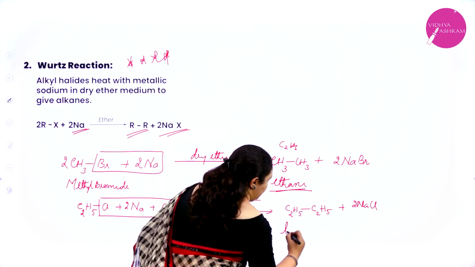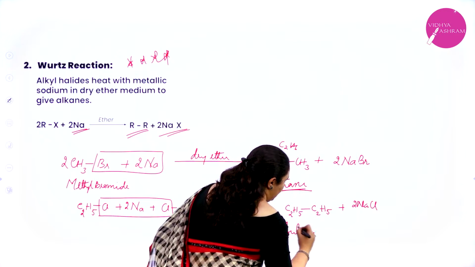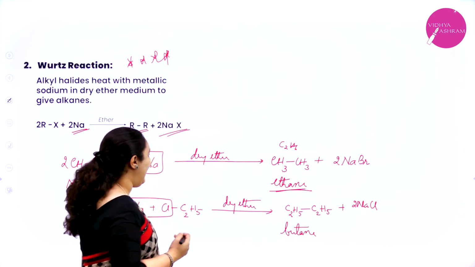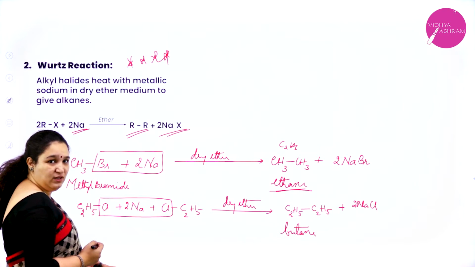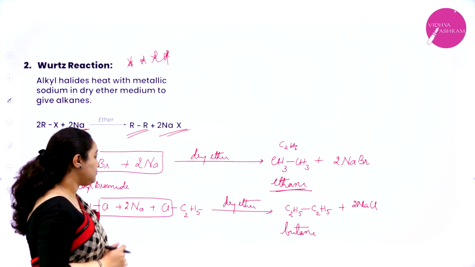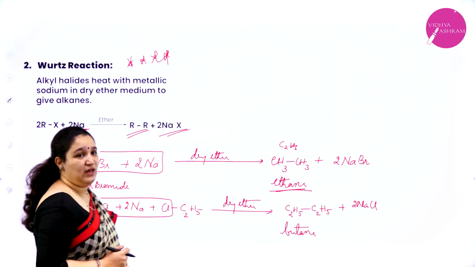So this is butane, C4H10 is butane. I hope you have understood. Either of the methods you can write, no issues, but you have to write it correctly. Okay. So that's about Wurtz reaction.